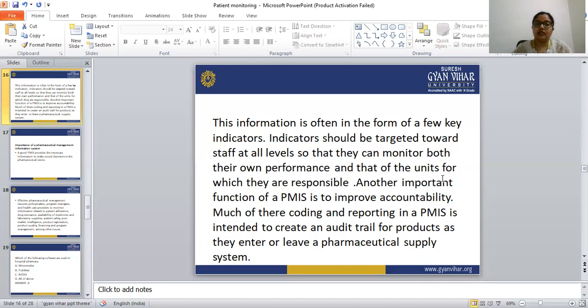And next is the patient drug profile: the PIS is used by pharmacies to maintain the patient profile, including details of their current and past medications, allergies, physiological parameters and so on.